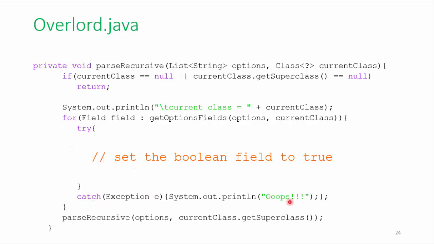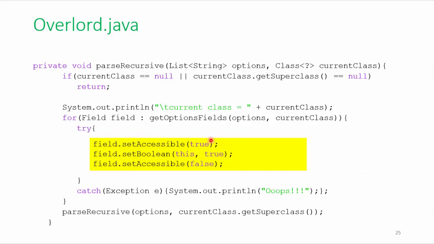We have a try-catch block here, again, to intercept potential exceptions. We are going to set all those fields to true. The way that you set a field to true, you have this method setBoolean of the class Field. On your Field object, you can call setBoolean, say that you want to set that Boolean field located in this object to true. And that's the syntax.